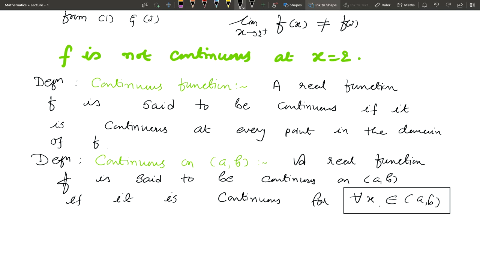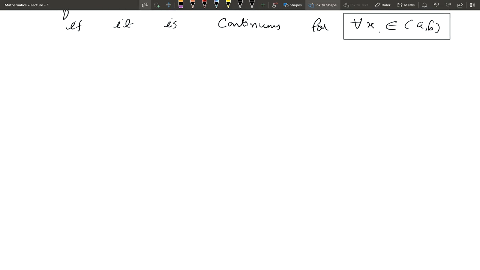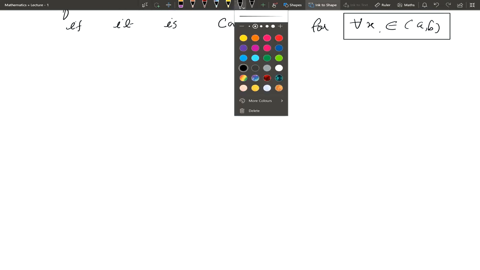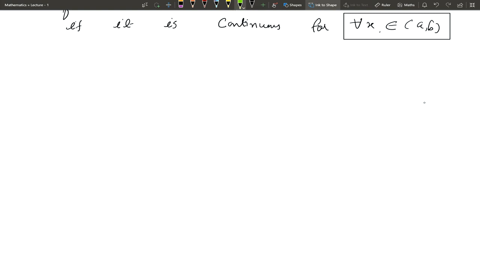Next we define continuity on closed interval. So continuous on closed interval a comma b. We check this definition.